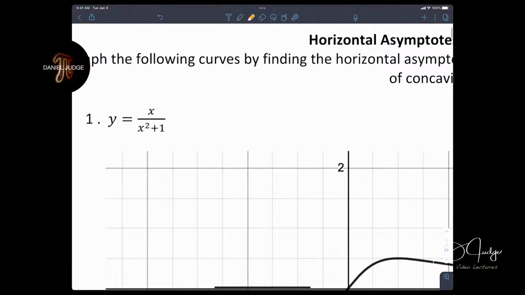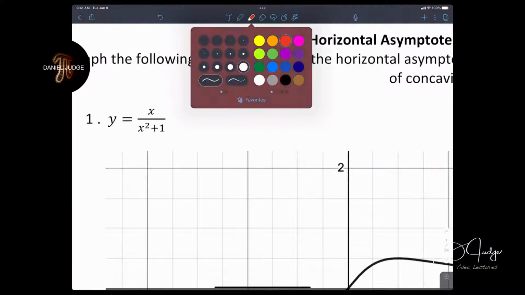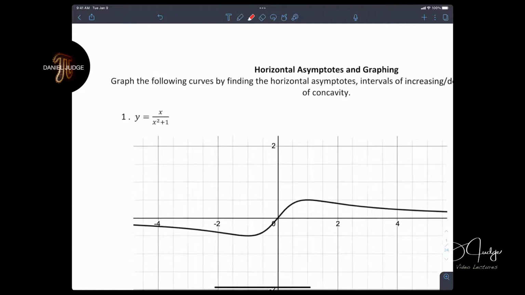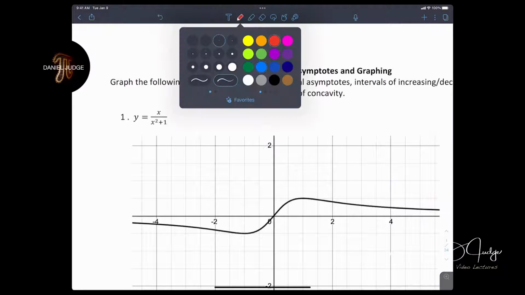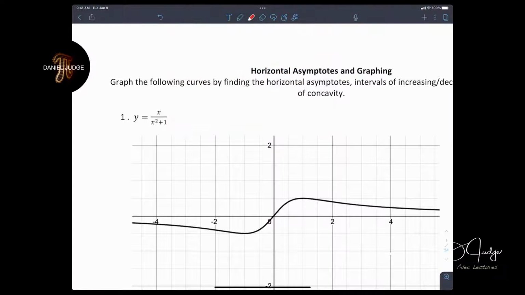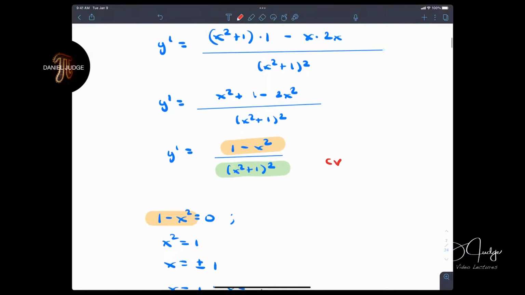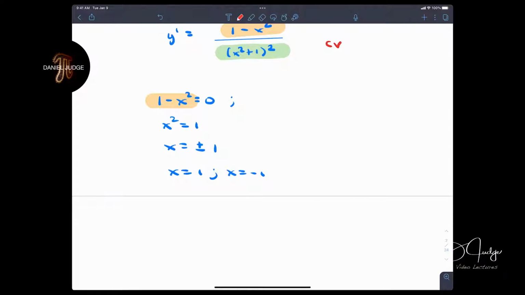In fact, the denominator here is never 0. x squared plus 1 cannot be 0. So this is defined for all real numbers. That's in the domain. Now, what that means here is that, yes, these are critical values. So I have positive 1, negative 1 as critical values here.